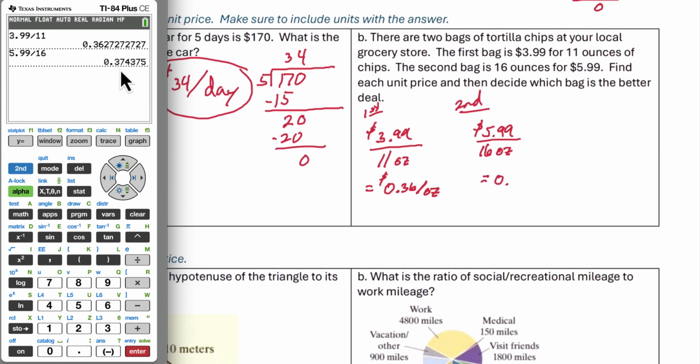This is 37 cents per ounce. So which one is the better buy? Which one gives you more bang for your buck? That is the smaller bag. This one is the better buy because it's cheaper per ounce.